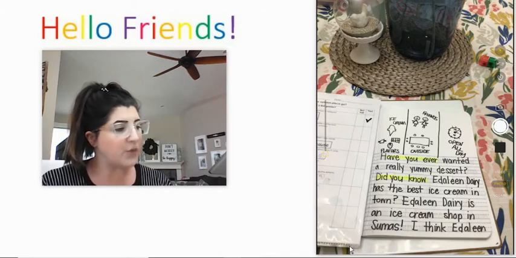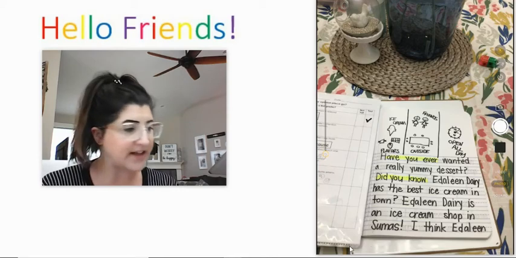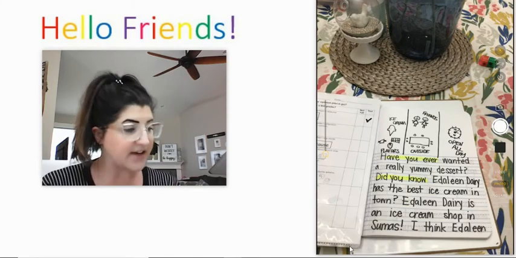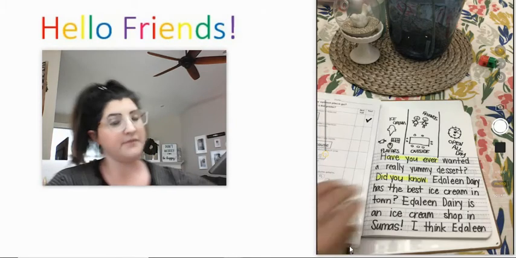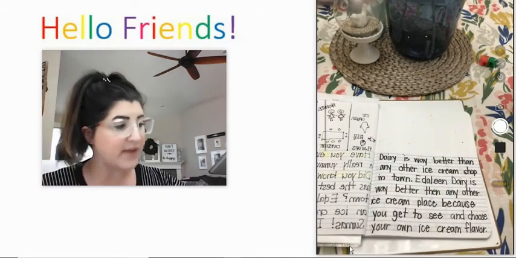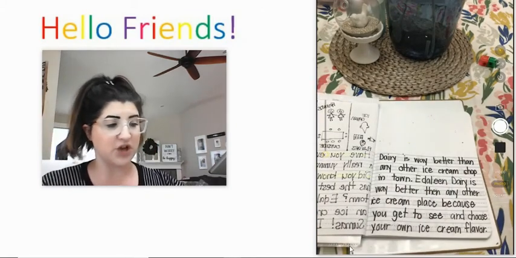Have you ever wanted a really yummy dessert? Did you know Edaline Dairy has the best ice cream in town? Edaline Dairy is an ice cream shop in Sumas. Edaline Dairy is way better than any other ice cream shop in town.